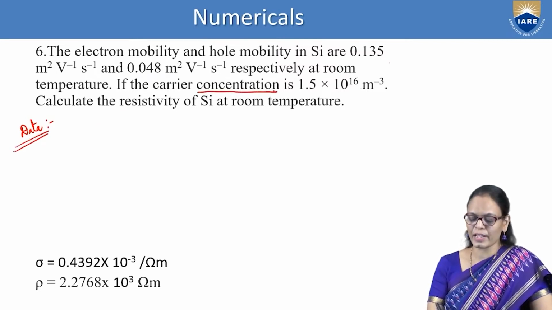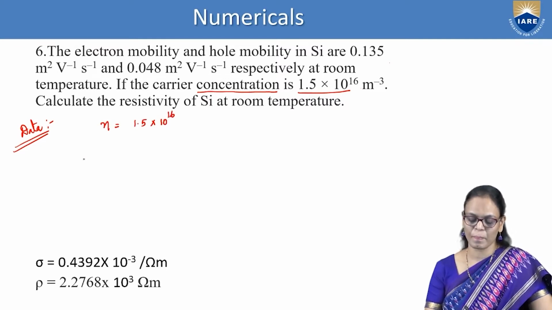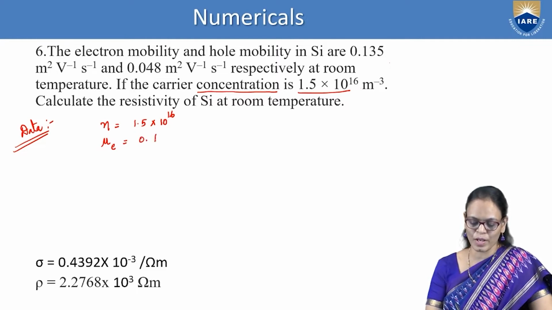The carrier concentration is given. N is equal to 1.5 into 10 power 16. Then we are given the mobility. Electron mobility is 0.135 and hole mobility mu h is 0.048.